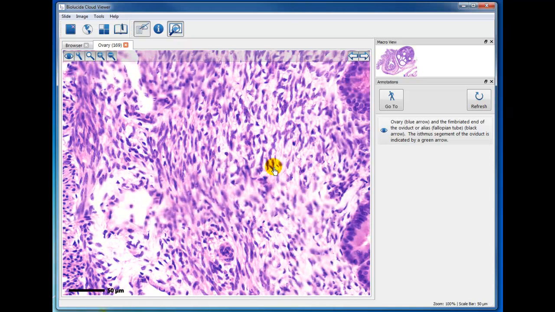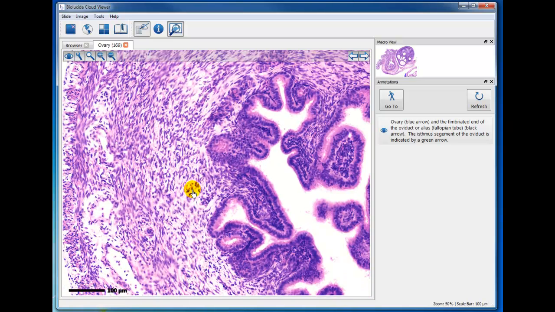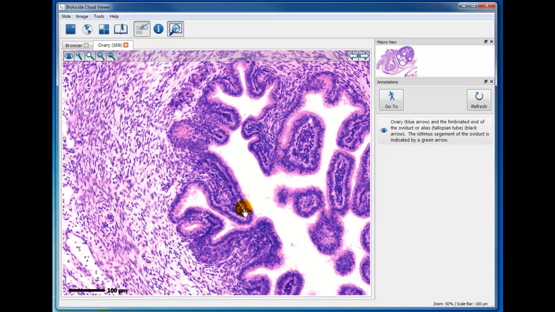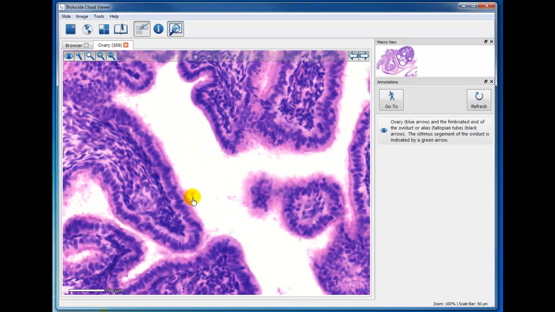And if we move in now, we'll see that you've got connective tissue that forms sort of like a lamina propria of these finger-like projections of the mucosa that goes into the lumen where the sperm would be traveling. And it's not really possible to distinguish the two types. Almost all of these cells that I'm looking at here appear to have cilia on them.